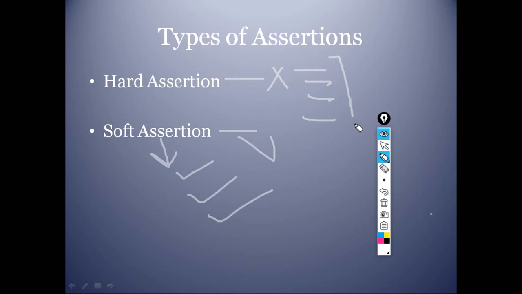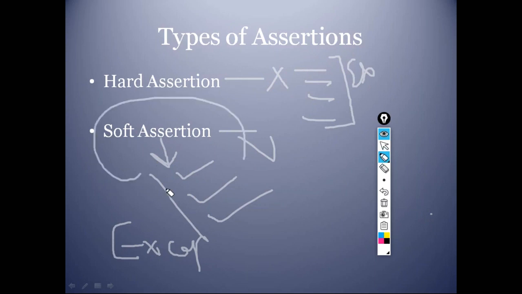In hard assertion it will stop or hold the execution and throw an exception, whereas in soft assertion it continues and throws the exception at the end of execution. So your program doesn't get interrupted in between, and your entire program gets executed. Whereas in hard assertion, as and when it encounters a failure, it throws an exception and holds the execution. Now let us see it with examples.